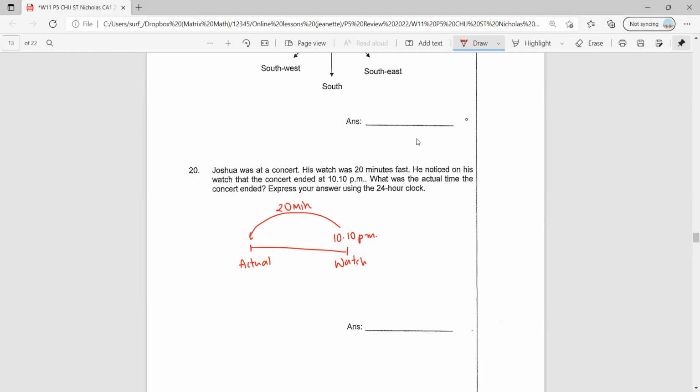So this will be 9:50 p.m. 24-hour clock. So to find 24-hour, you add 12 to the hour. So that's 21. Yes, 2150. No dot, no AM, no PM.